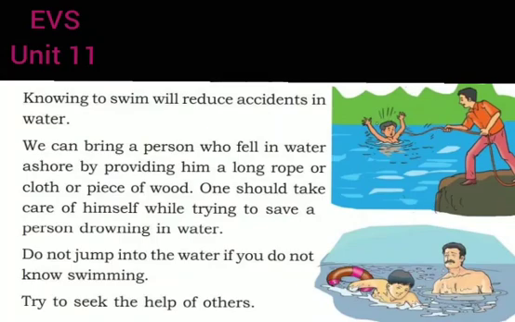We have to bring the person who fell in water out by providing a long rope, cloth, or a piece of wood. And one should also take care not to go into the water. Do not jump into the water if you don't know how to swim. You can try to seek the help of others.